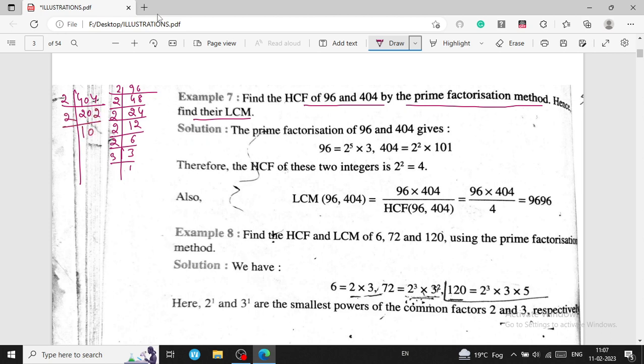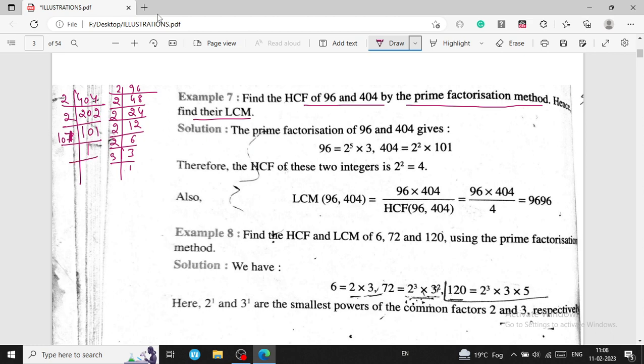2 202s are 404, 2 101s are 202. Now you cannot make a factor of 101 by 7, so here we will take 101.